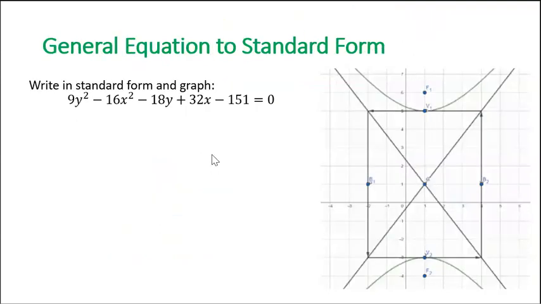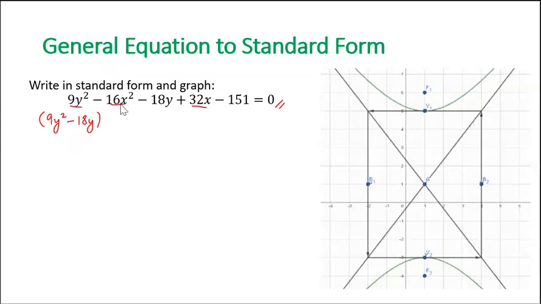Okay, next, for our next example, this time we're given the general form of the equation of the hyperbola. So in order to graph this, we need to write this in standard form first. So in standard form, we shall group all those terms with y. So we get 9y squared minus 18y. And then we group all those terms with x.